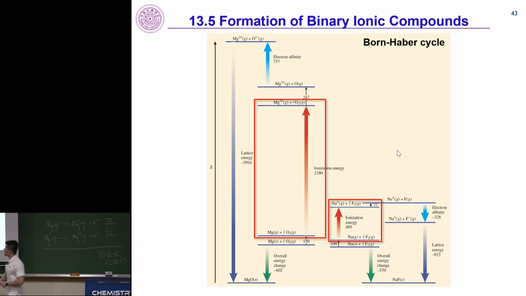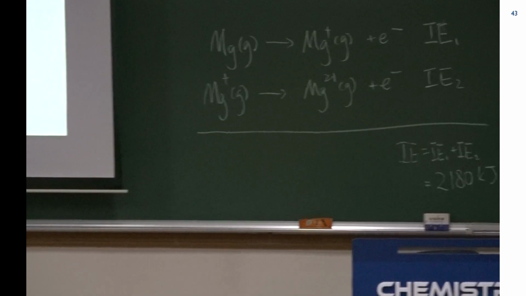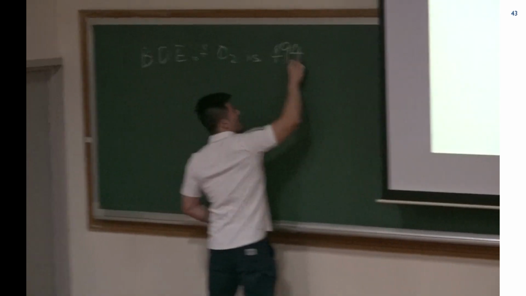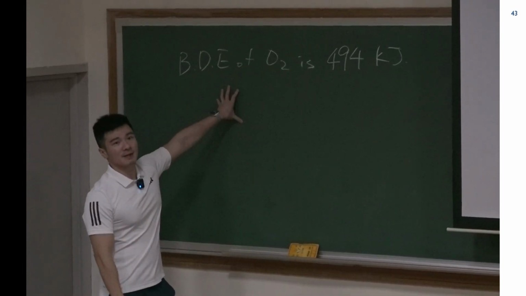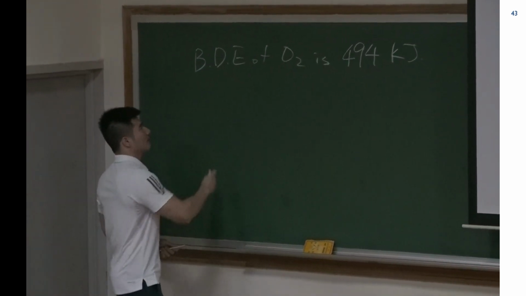Right. That means if this happens to be your homework or it happens to be exam, it's going to give you the bond dissociation energy of O2, which is actually twice of that energy. That will be 494. And do not directly take this number because we only have half a mole.